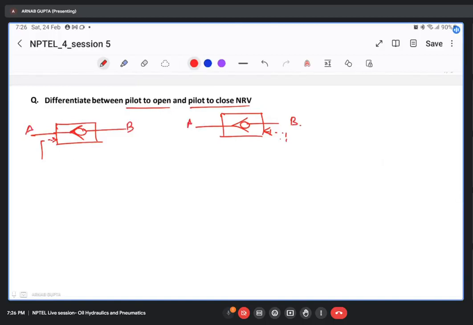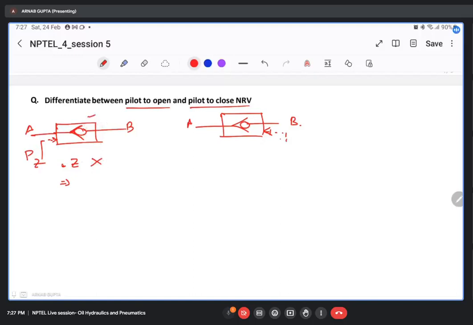So in this case, it's pretty simple. Suppose there is no pilot signal, so I'm denoting it by Z. If there is no signal at Z, and by signal I mean the pressure at Z, if you don't have sufficient pressure at Z, then this will act as a normal check valve.